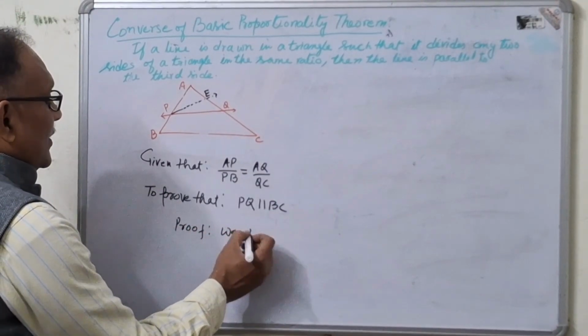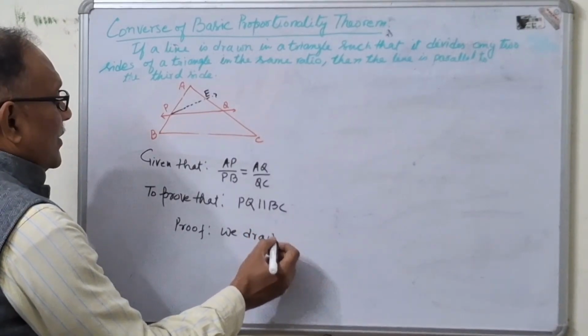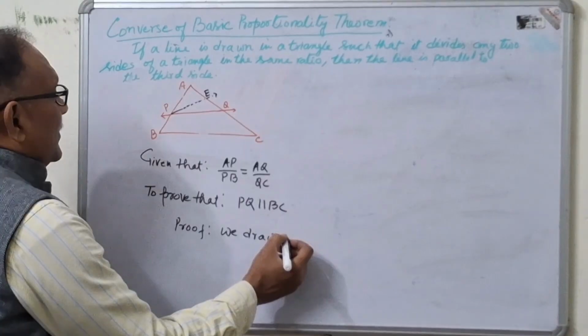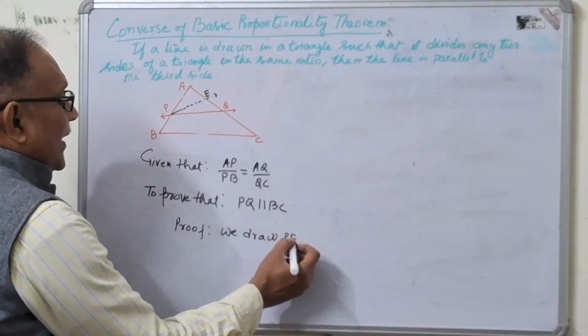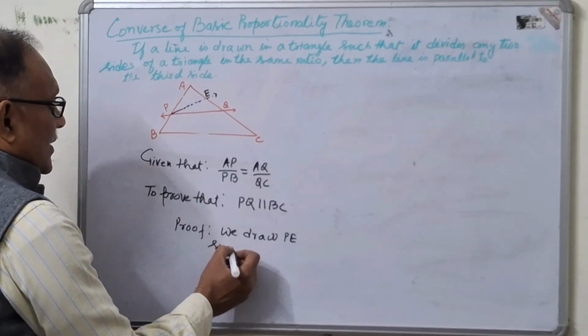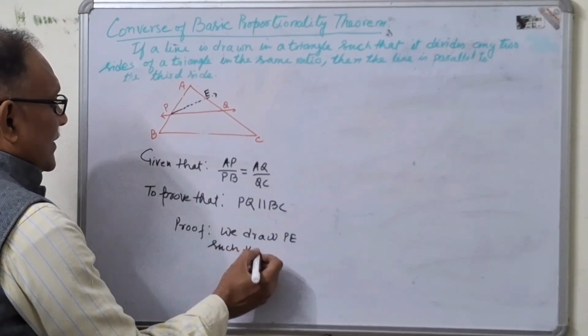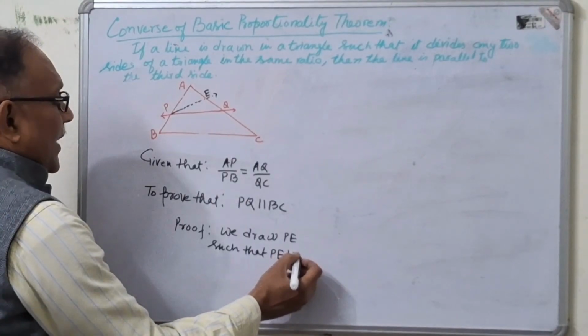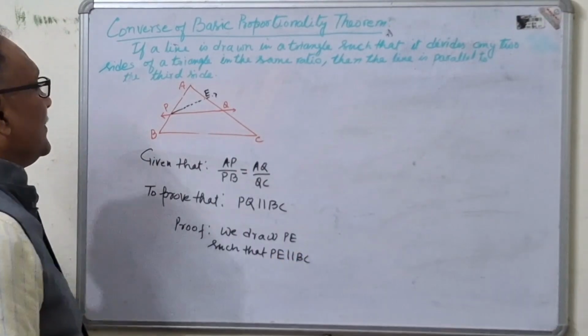We draw PE such that PE is parallel to BC.